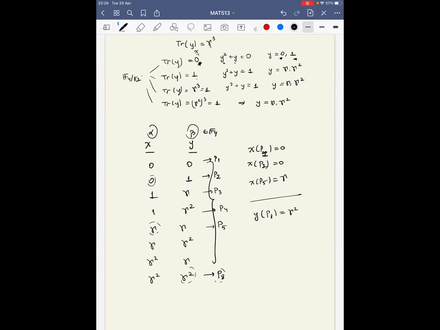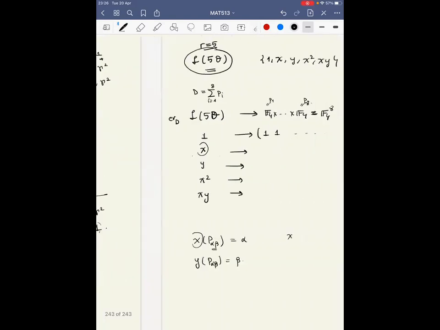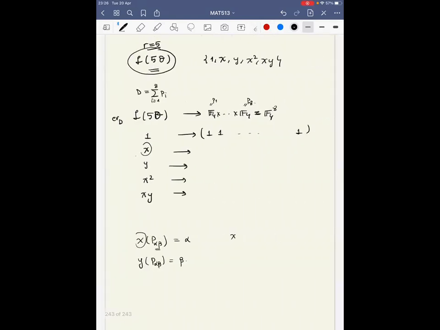But if we evaluate at P2, we get 1. So by this observation, we can explicitly write the evaluations of these functions at given distinct rational places.